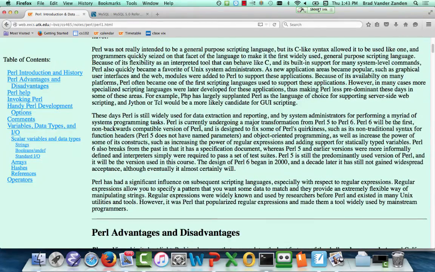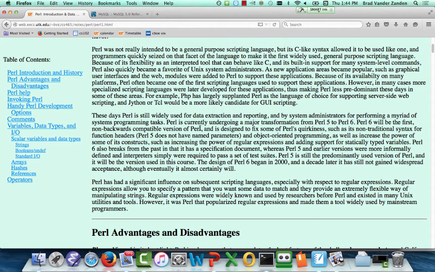Also, as new technologies came along, like the World Wide Web or GUIs, Perl was initially used for them as well. Early on in the history of the World Wide Web, Perl was used a lot for server-side scripting, but it's kind of awkward for that. It wasn't really designed that way. So PHP was developed, which was specifically designed for server-side scripting, and once it became mature, it supplanted Perl.